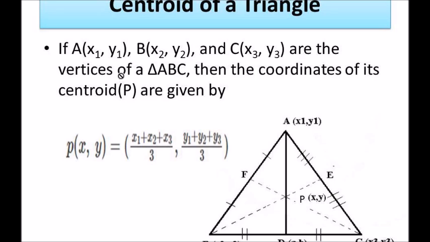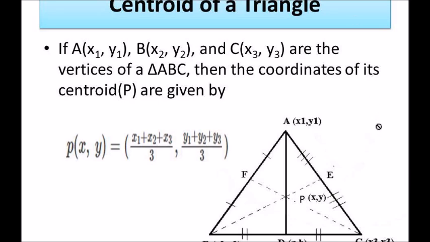Now move on to the centroid of a triangle. Look at the figure. Here a triangle is given. Its points are A x1 comma y1, B x2 comma y2 and C x3 comma y3. So here the centroid is P x comma y.